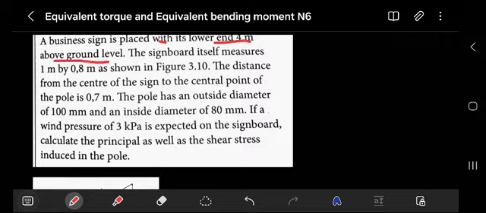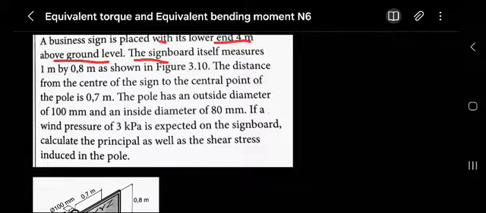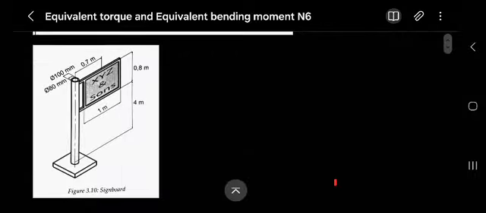Why I'm bringing this question is because I've seen this typical question on an exam. You're given the signboard itself, measured 1 meter by 0.8 meter, as shown in figure 3.10. Here is the signboard.